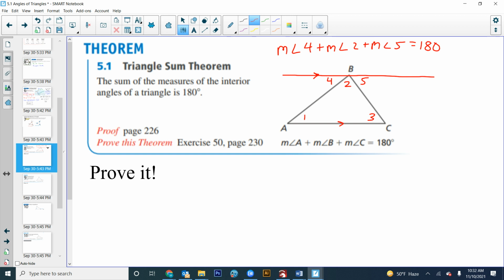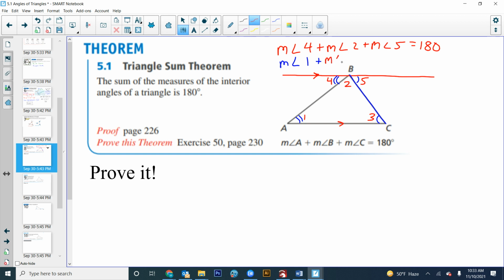Now, since we just made parallel lines, what kind of angles are these if this is a transversal? 3 and 5 are congruent because they are alternate interior. 4 and 1 are congruent because they're alternate interior. Well, if 4 plus 2 plus 5 equals 180 and 4 and 1 are the same, couldn't I put a 1 in for 4?